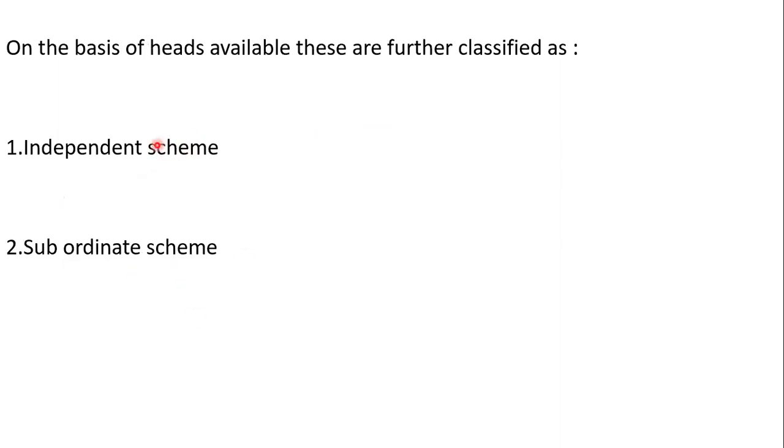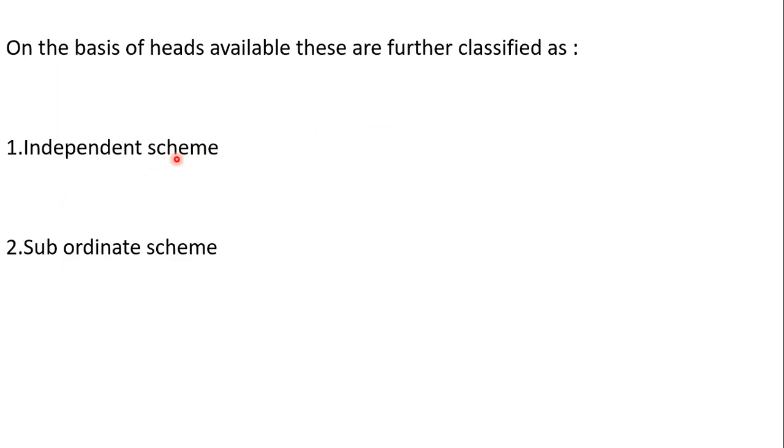Coming to the first one, independent schemes are those having a stream flow which is captured, regulated and developed for the principal objective of power generation only. In these schemes, high head schemes and medium head schemes are considered.